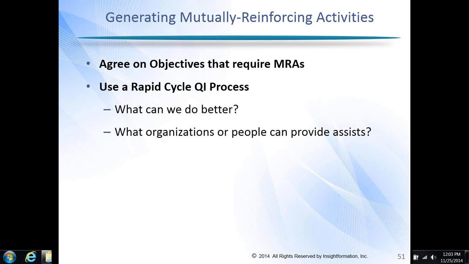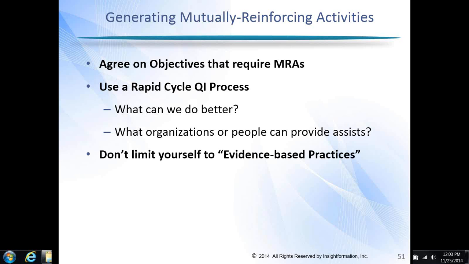As you look on a monthly or quarterly basis, you say, what are we doing, how can we do it better, and most importantly, what other organizations in the community can we draw in to help provide assists, to help do it better. When you do that, you're expanding beyond the typical mindset around evidence-based practices.